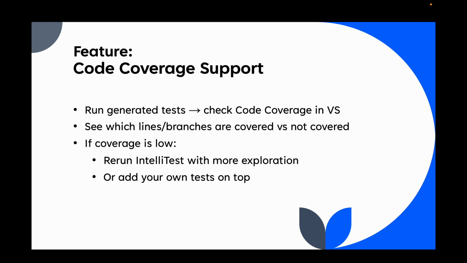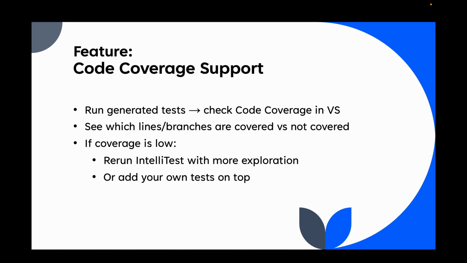Code coverage support is the next feature. With this feature, IntelliTest is able to show us what part of our code is covered. Once IntelliTest has generated tests, we can run them like normal unit tests. After they're run, Visual Studio lets us open the code coverage window.